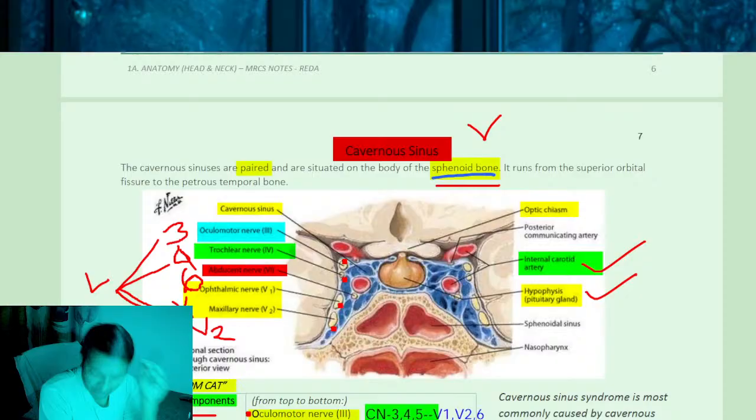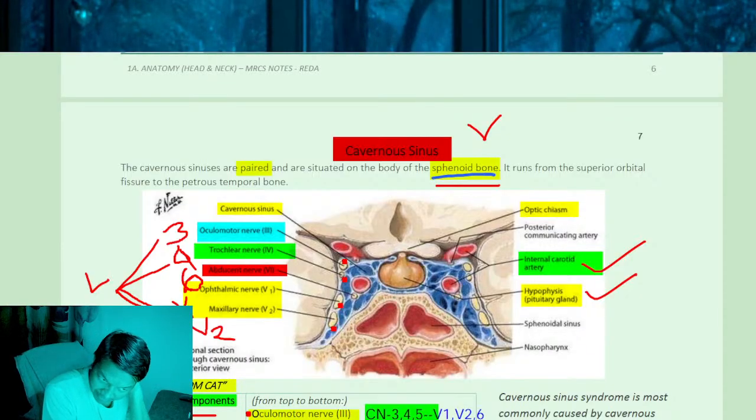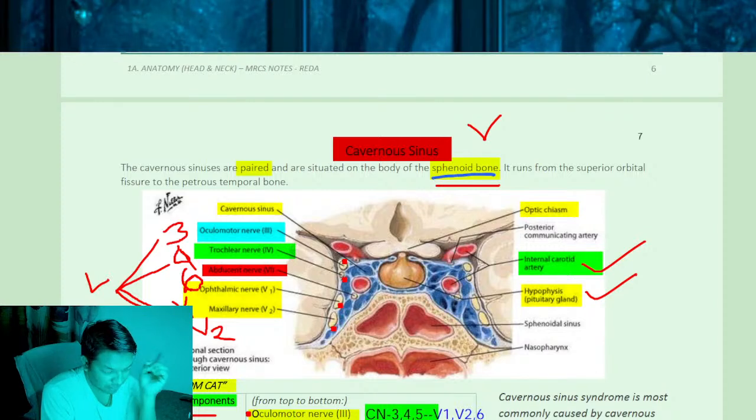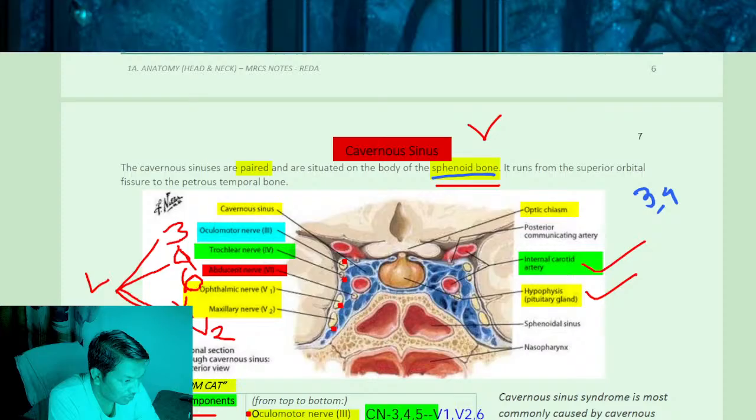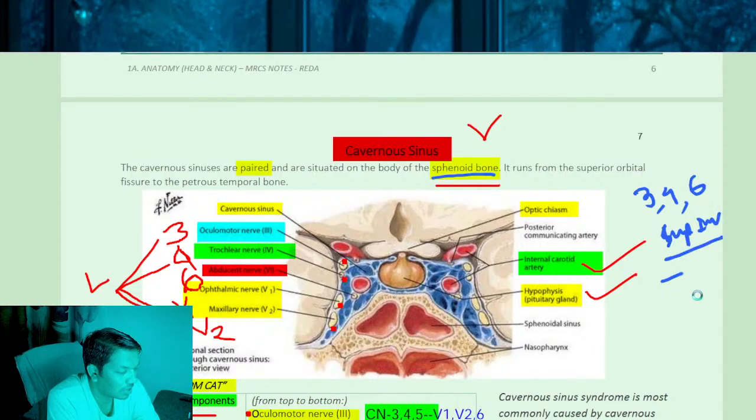In the cavernous sinus, you remember the superior orbital fissure. The contents of the superior orbital fissure were 3, 4, 6, the superior and inferior branches of the oculomotor, and we have V1.